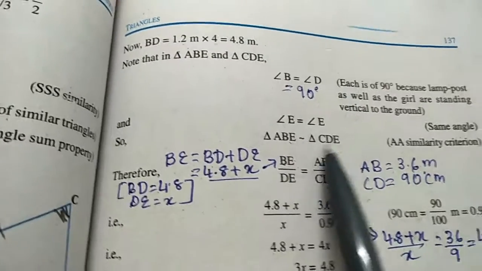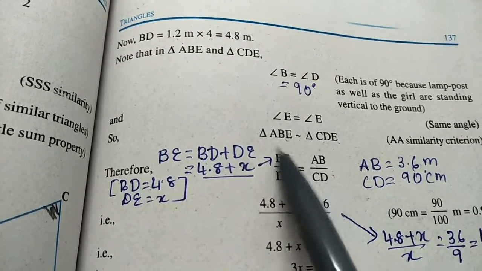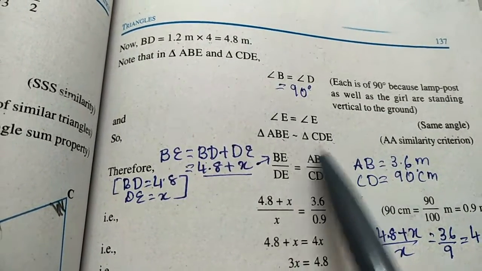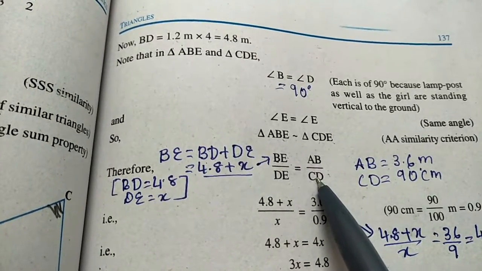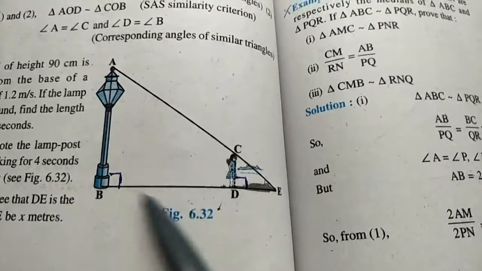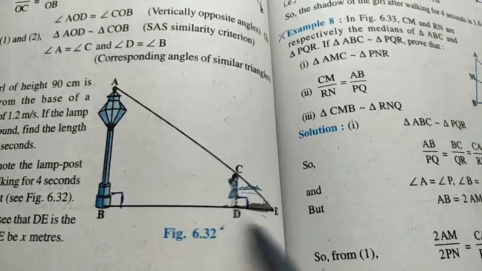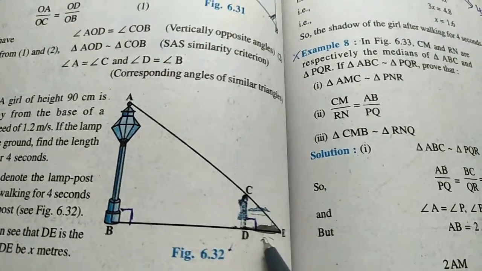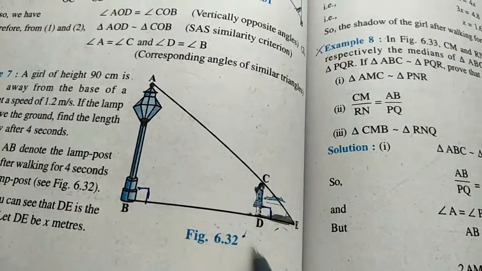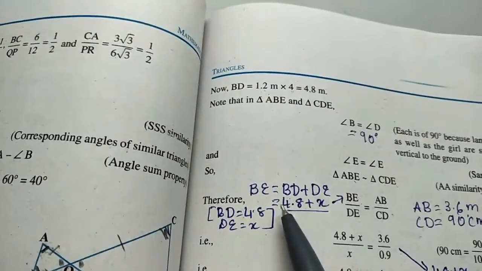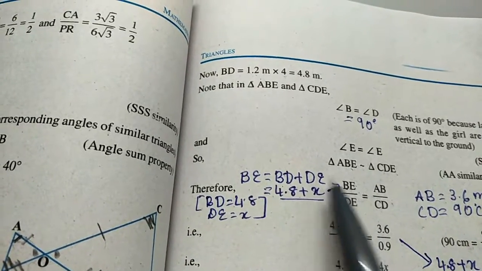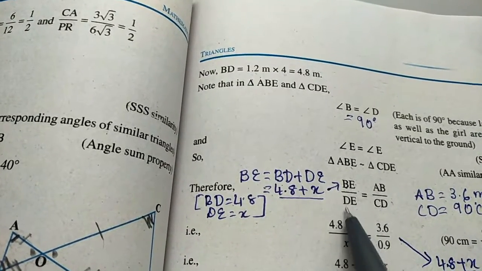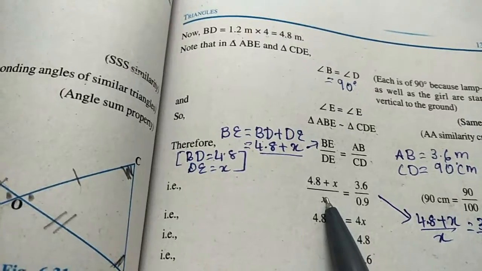Now if that correspondence is there, then BE upon DE is equal to AB upon CD. Where BE is equal to BD plus DE, and we don't know DE, but we know BD, that is 4.8. So 4.8 plus x, that is BD plus DE, upon DE, that is x.